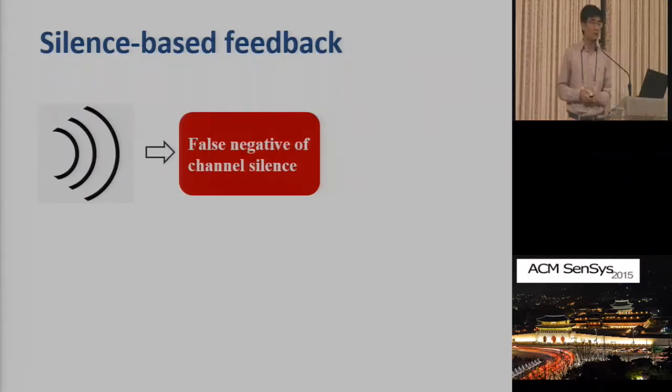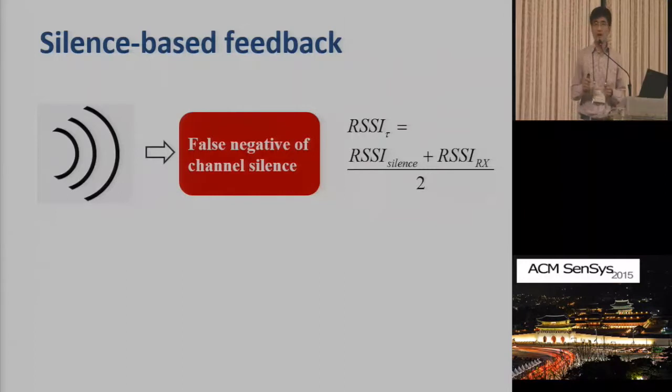We solve this problem by adapting the RSSI threshold of the channel silence according to the RSSI value of the last successfully received packet. So if there is interference, the RSSI value of the last successfully received packet will be high, so our threshold will be high to consider such a situation.